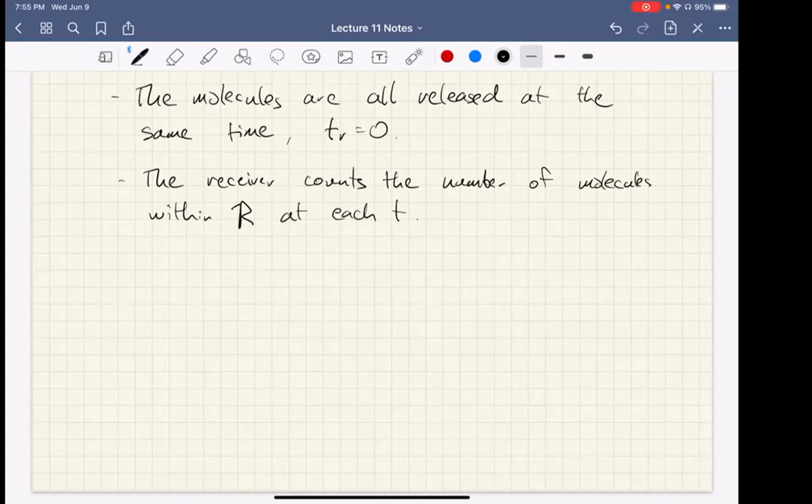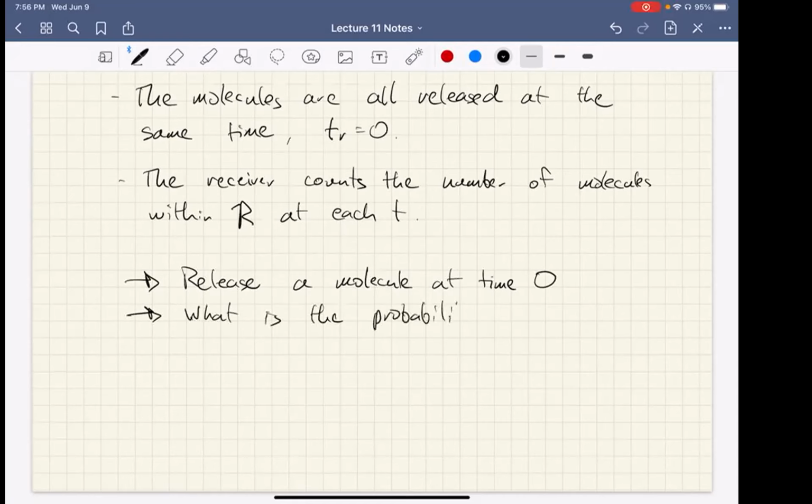Now remember from a few lectures ago, we talked a little bit about this. What this boils down to is, what's the probability that, if I release a molecule at time 0, it is within the receiver at time t?